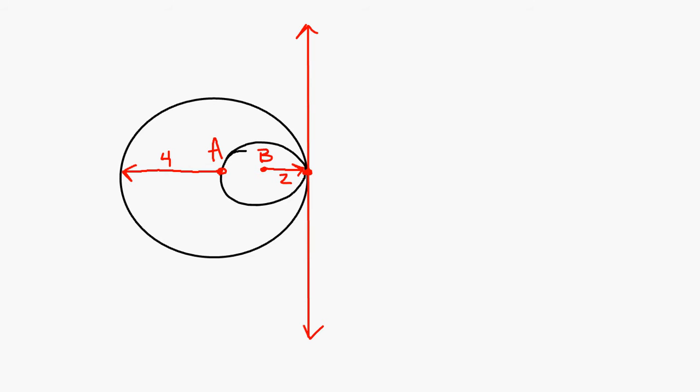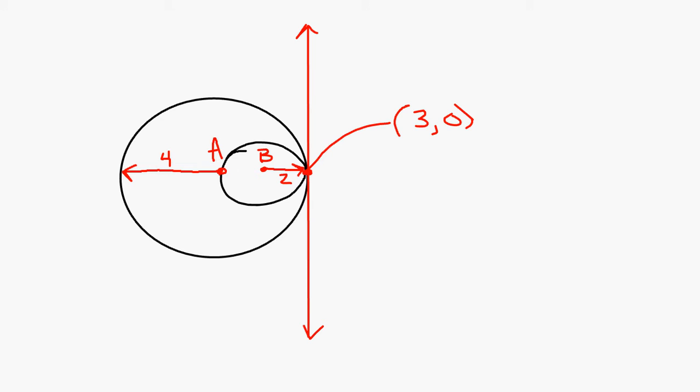Identify the point of tangency. What are the coordinates of that point? What's the x value at that point of tangency right there? Isn't it 3? And 0 on the y. Okay? Write the equation of the line at this point.